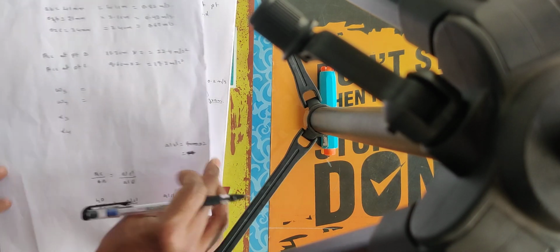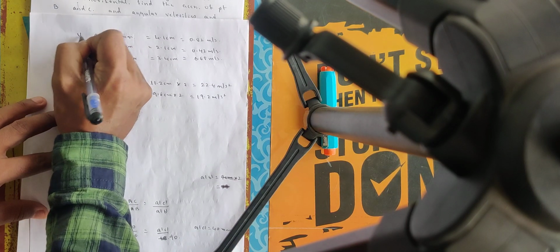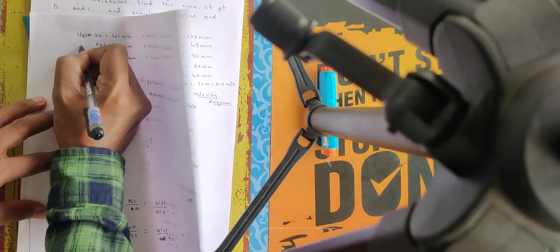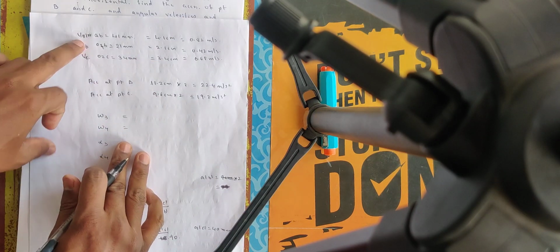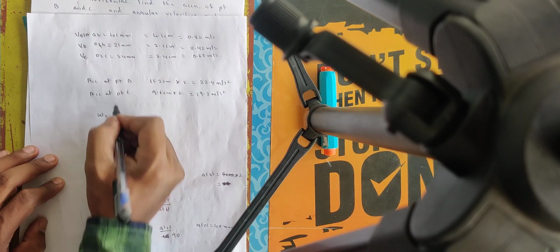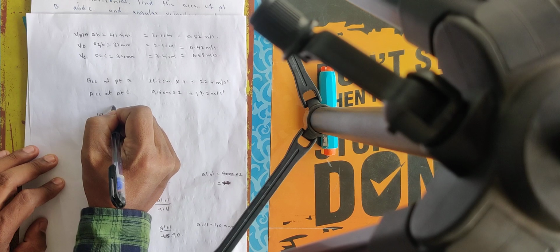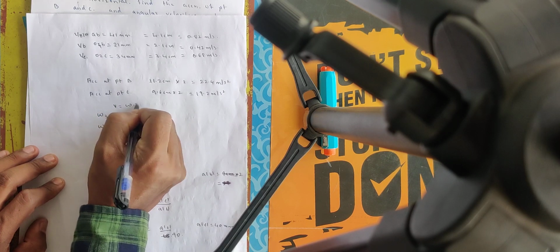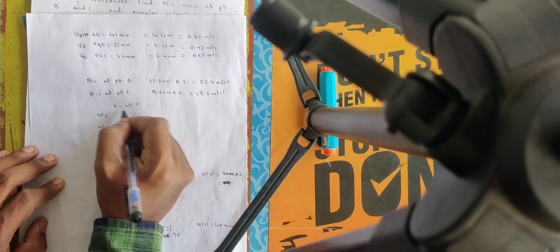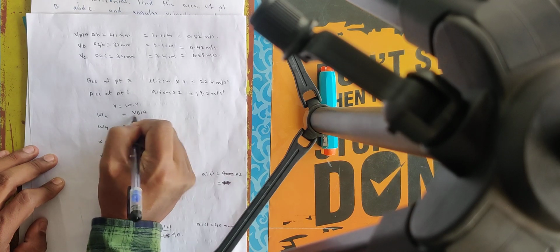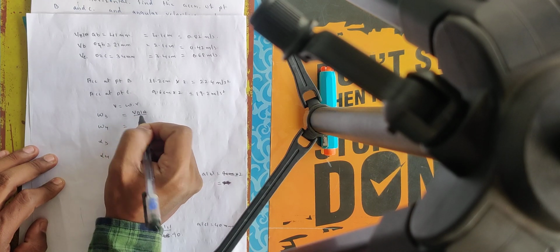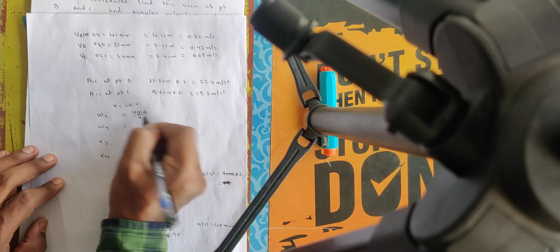This is VB with respect to A, this will be VB, and this will be VC. We know the formula V is equal to omega into R, so omega will be V by R, that is VB with respect to A divided by link length.